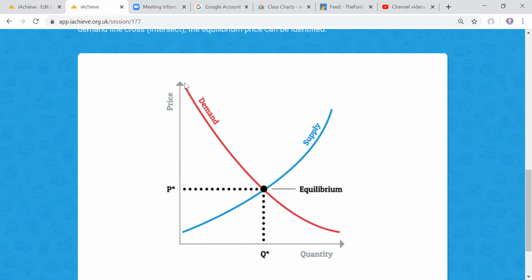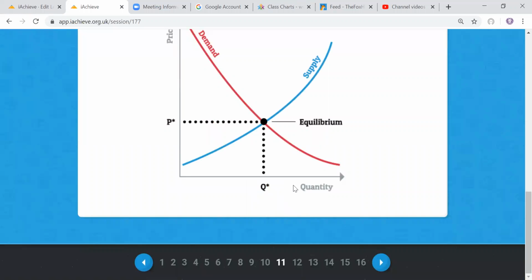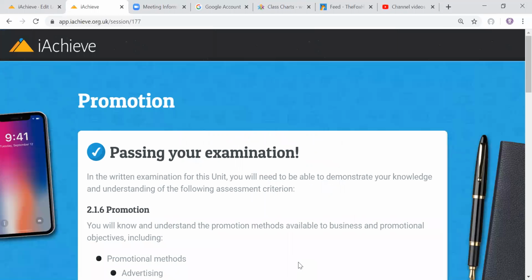You see the demand falls off as the price increases. And as the quantity increases, you'll see also the supply increasing. At the point at which the demand for a product equals the supply of that product, that is called the equilibrium price.